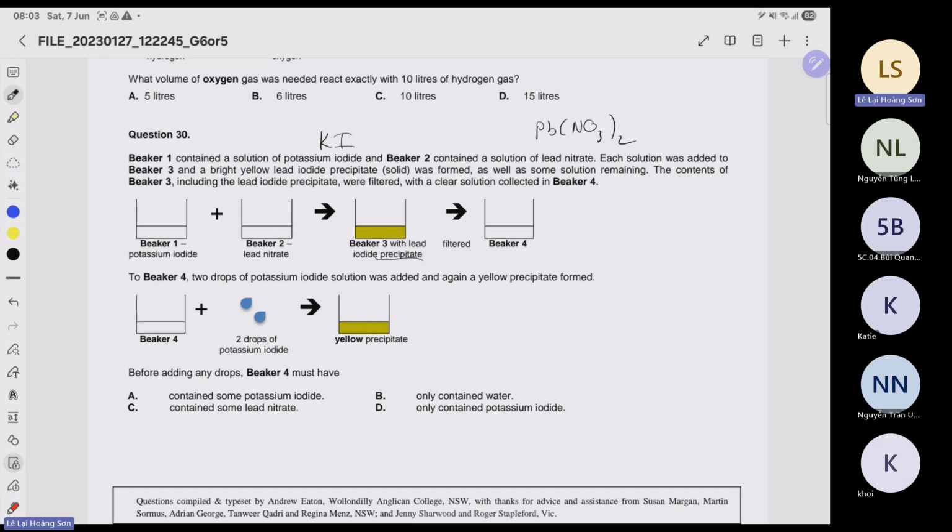So you have to write down the reaction here. What we have here is the double replacement reaction. Potassium will go with nitrate, iodide will go with lead.